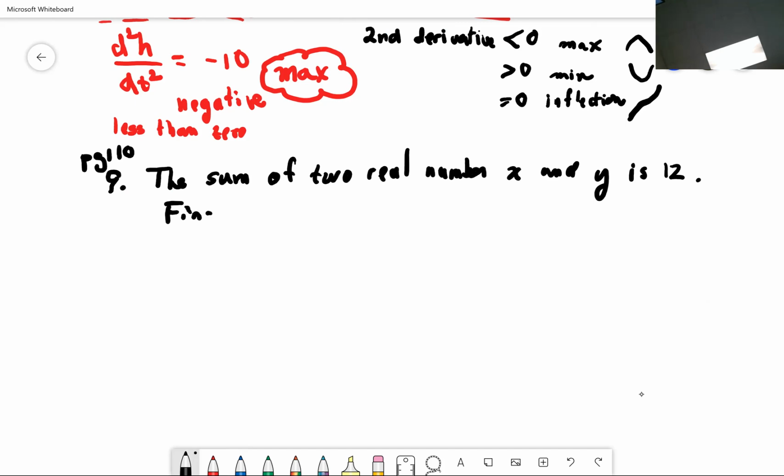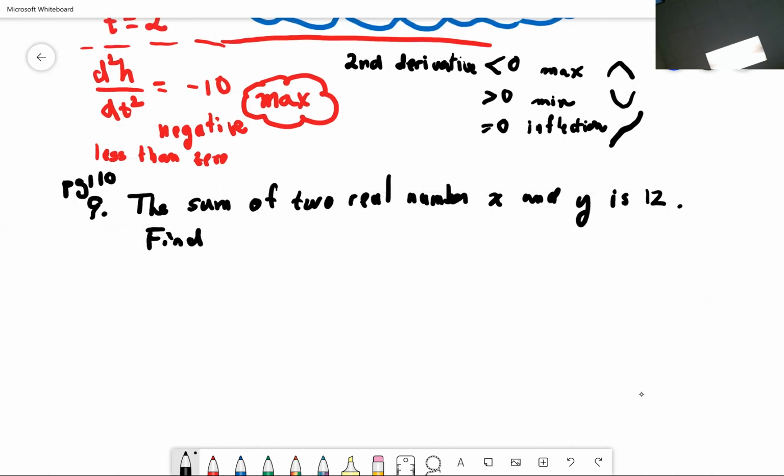Find the maximum value of their product.